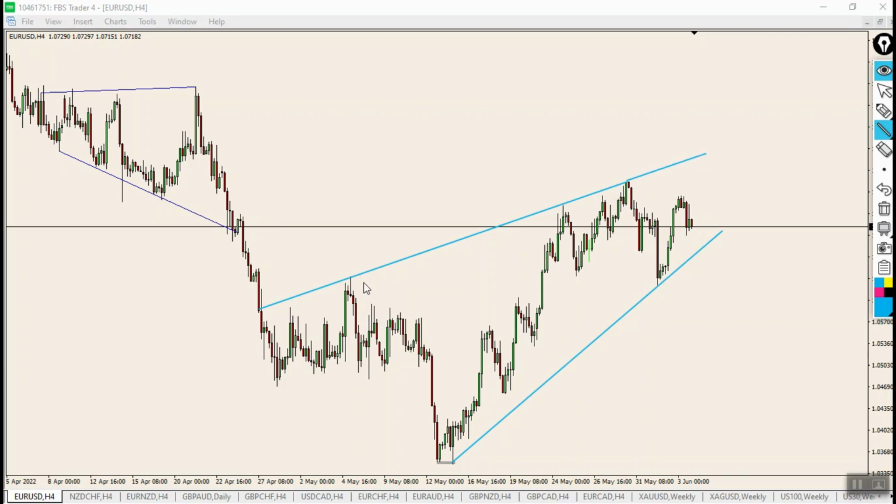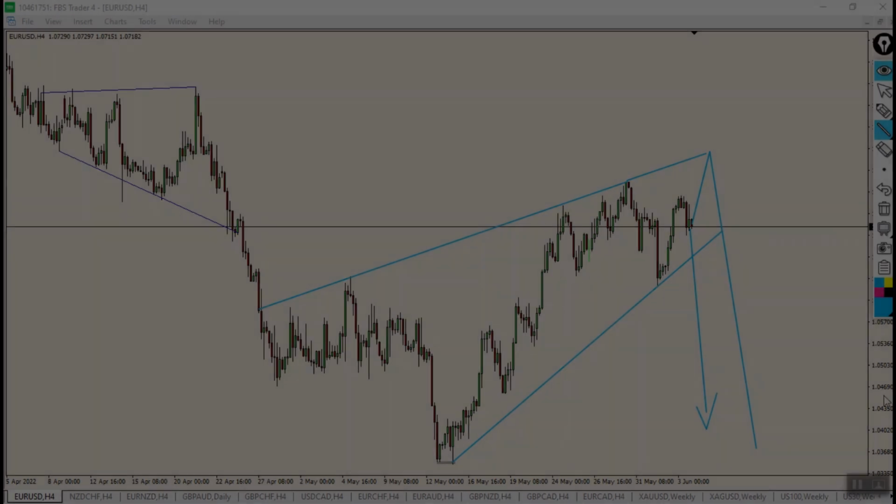We already have the first touch, the second touch, the third touch, and maybe we could have one more touch before going down, or we could immediately start dropping and start experiencing some sells for the week. I'm not exactly sure, but I'm sure after Monday we will have a clear picture as to where the market is going. So yeah, that's my analysis with Euro USD.